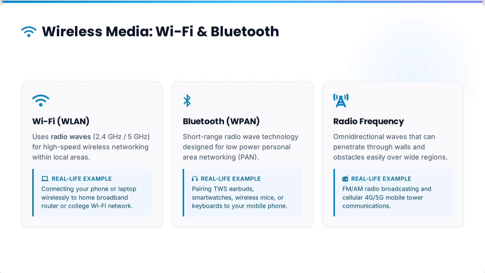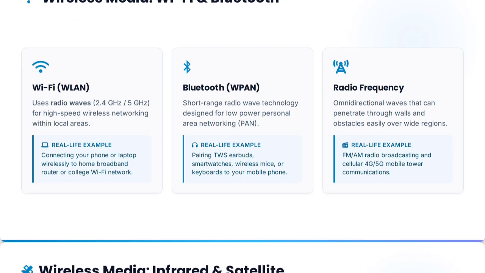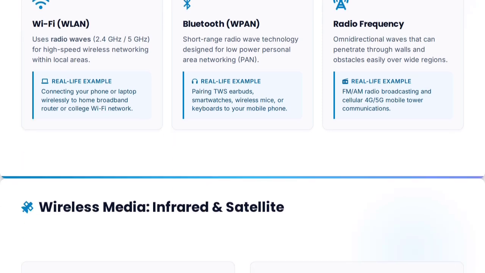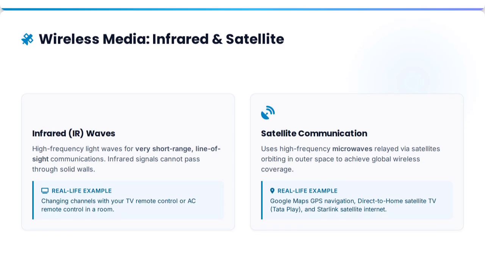Next, radio frequency and infrared waves. High frequency light waves work over a very short range and line of sight communication, and cannot pass through solid walls.